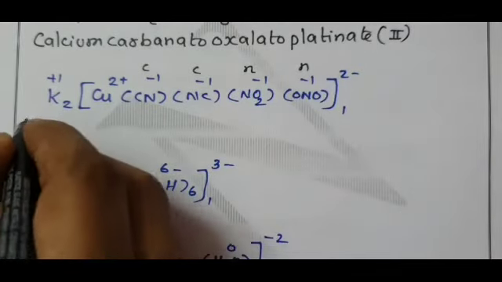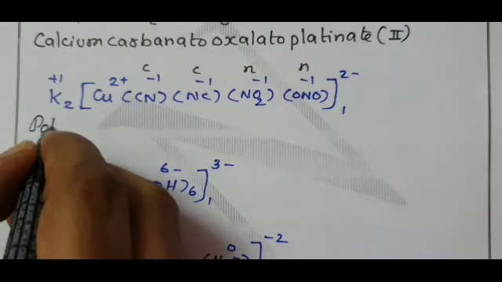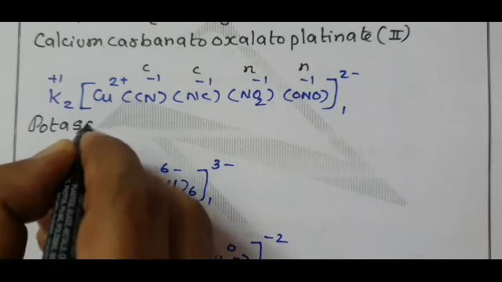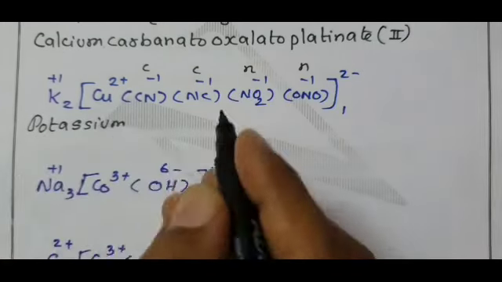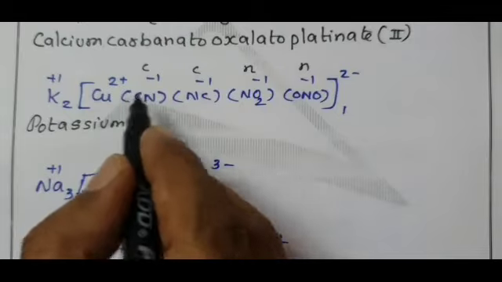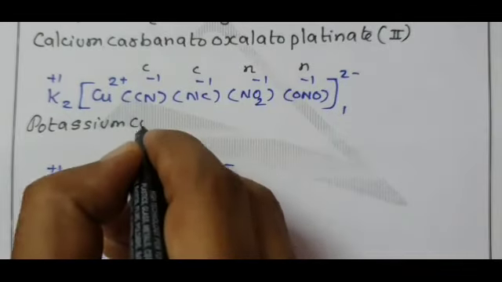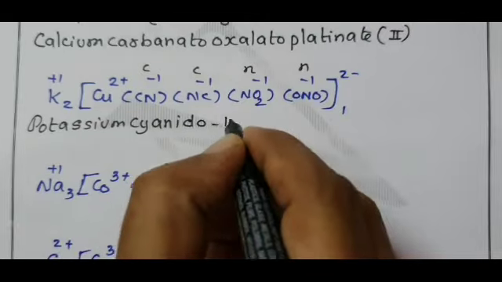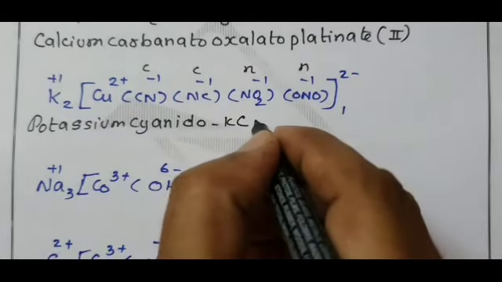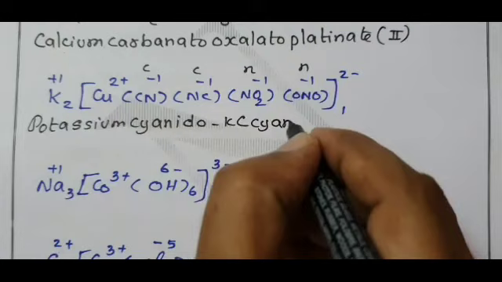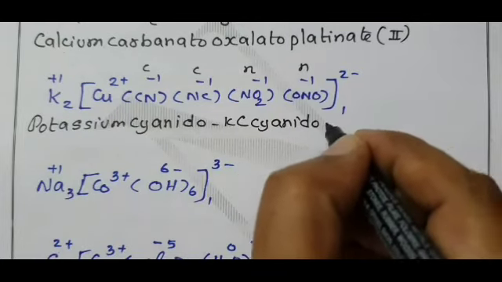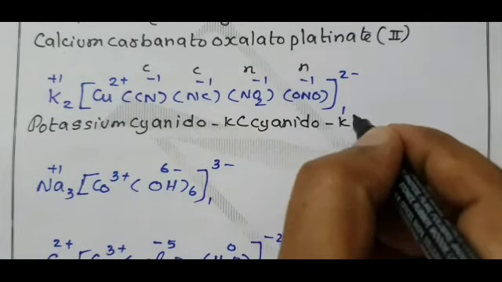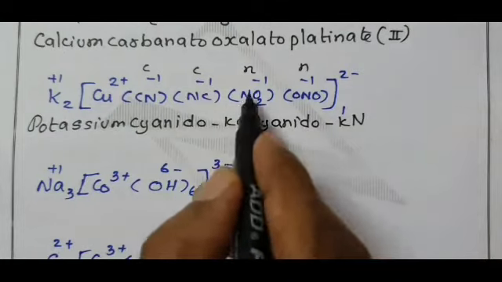Now the cation is potassium, first ligand. Cyanido, kappa C, cyanido, ambidentate ligand. Kappa C, then again cyanido, kappa N, donor atom N. Come to nitrito.